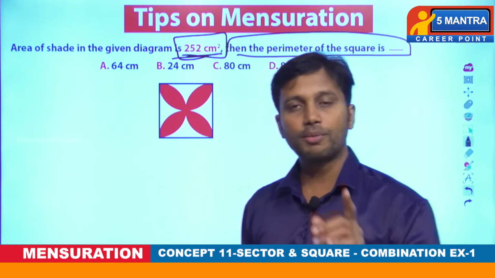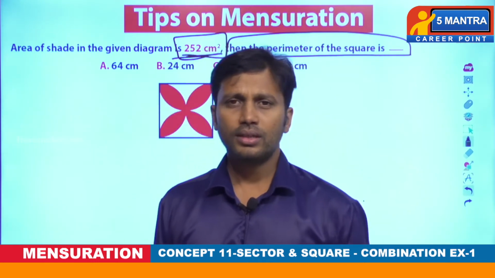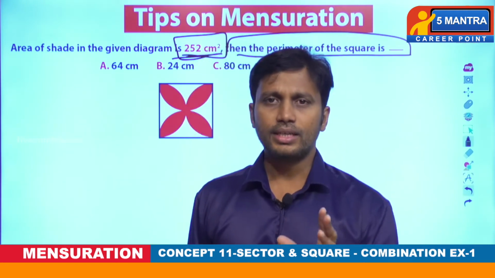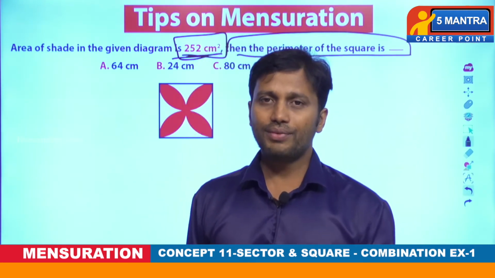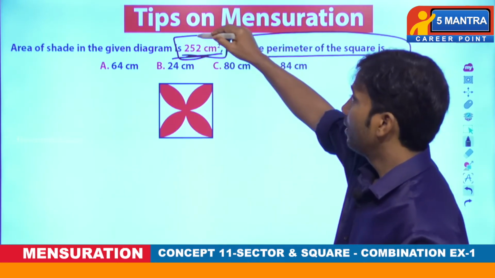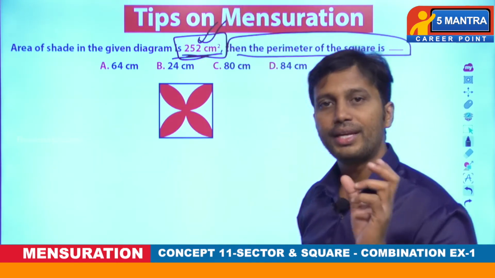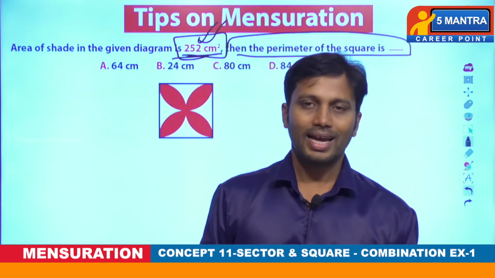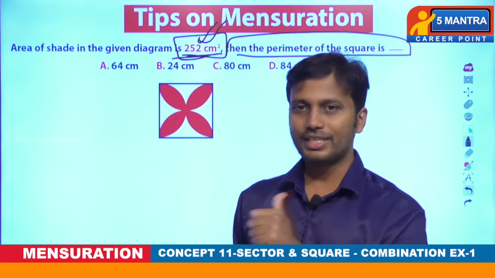If you want to find the perimeter of a square, what do you need? You need its side, or not? So we need to get the side. In order to get that, we need to go with the given clue or hint of the problem. What is given? 252 centimeter square. Actually, what is it? Shaded region area.